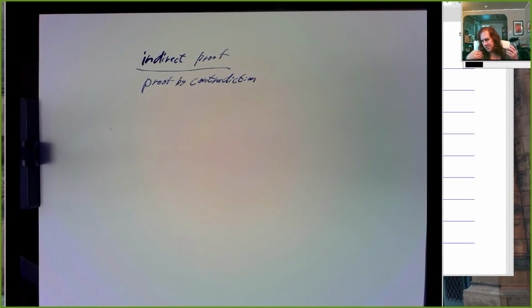So here's the casual conversation version of what an indirect proof is. You want to prove some proposition P. You start off by assuming that P is false, and then you go on to show that if that's the case, something absurd happens.